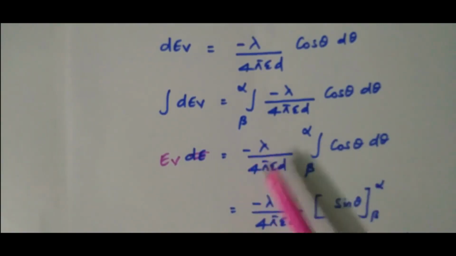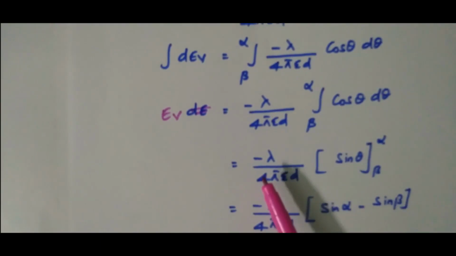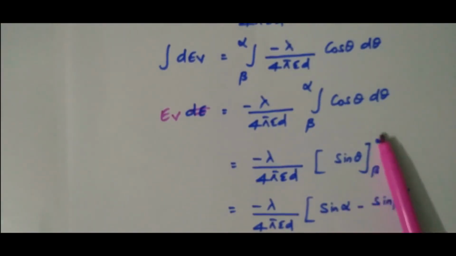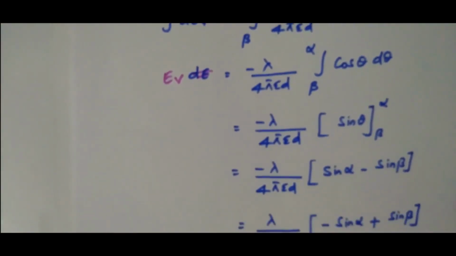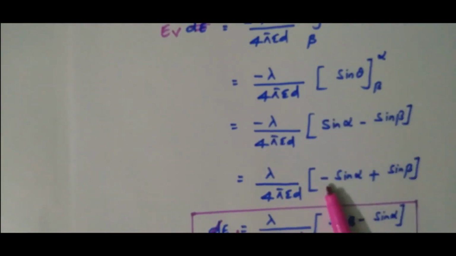These are all constants. We only need to integrate cos theta. So minus lambda divided by 4 pi epsilon d, the integral of cos theta is sin theta. We need to substitute the limit beta to alpha. So minus lambda divided by 4 pi epsilon d, sin alpha minus sin beta. One more negative is available. While multiplying the negative, we get minus sin alpha plus sin beta.